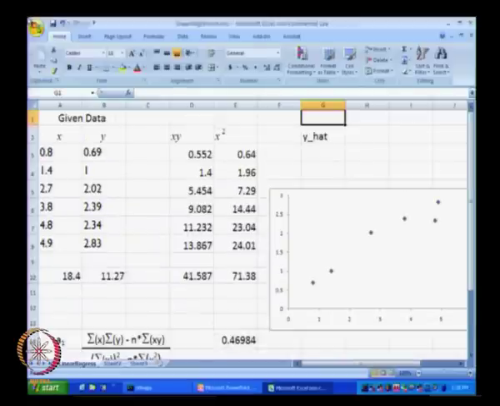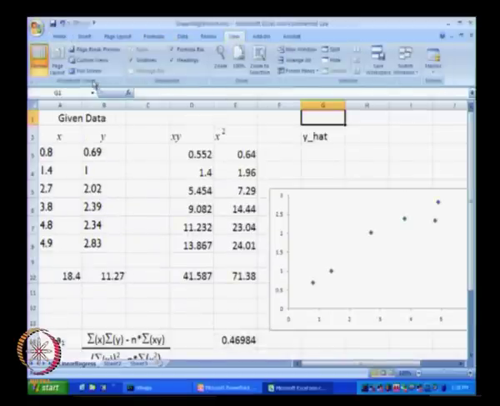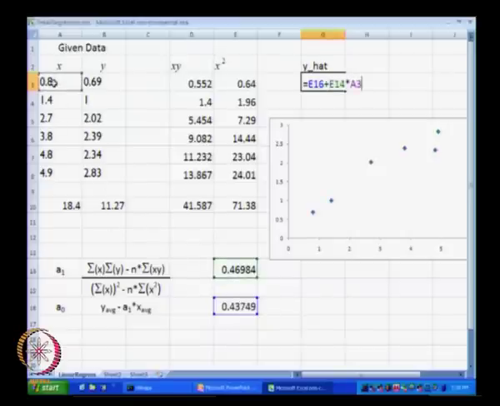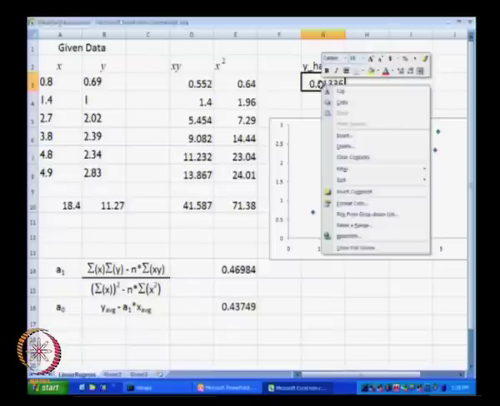So we will again go to full screen. Y hat was equal to A0 plus A1 multiplied by x. And this is the first y hat that we get.